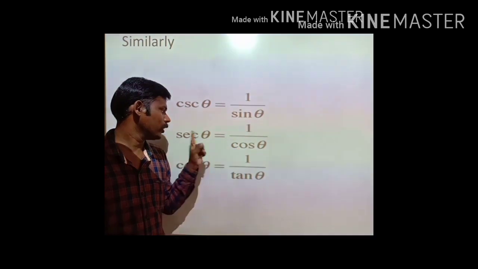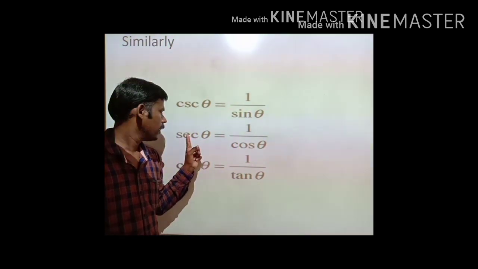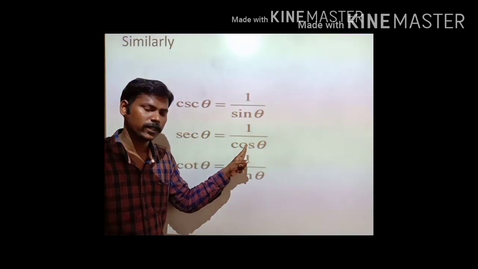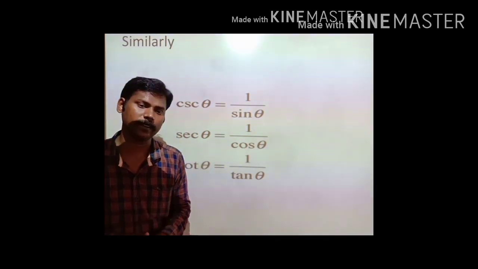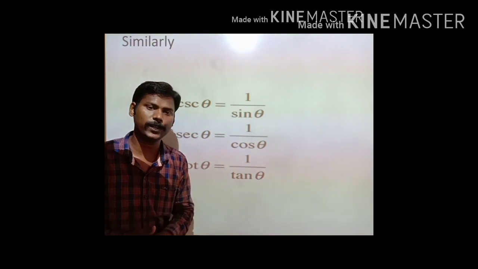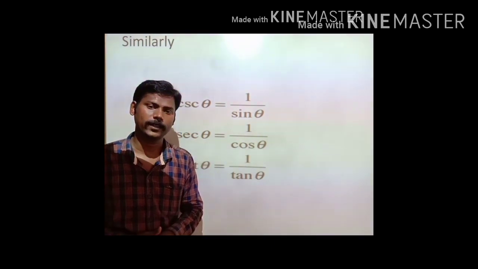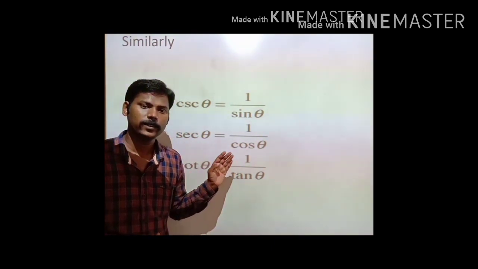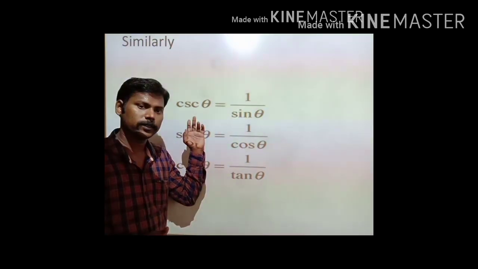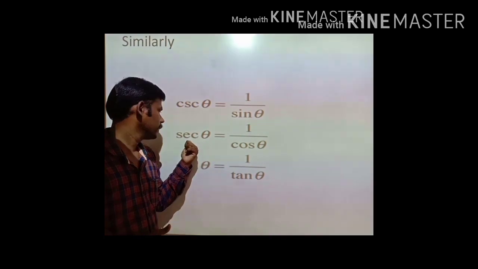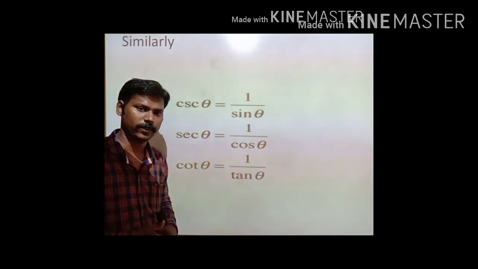Similarly, cos theta change here and secant take to here. So now cos theta is equal to 1 by secant theta. Similarly, tan theta equal to 1 by cot theta. This is the way to express cosecant theta, secant theta, cot theta.